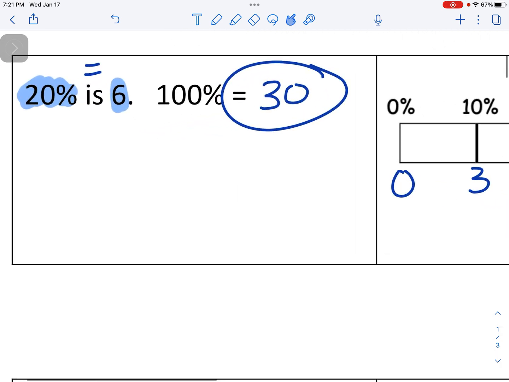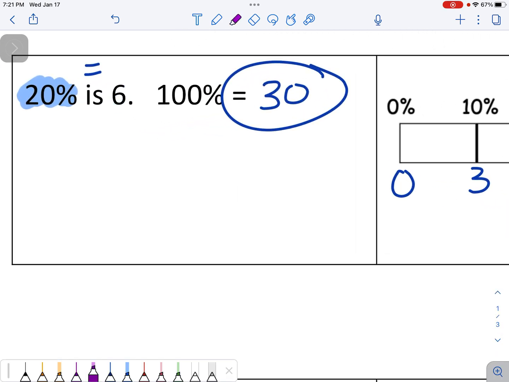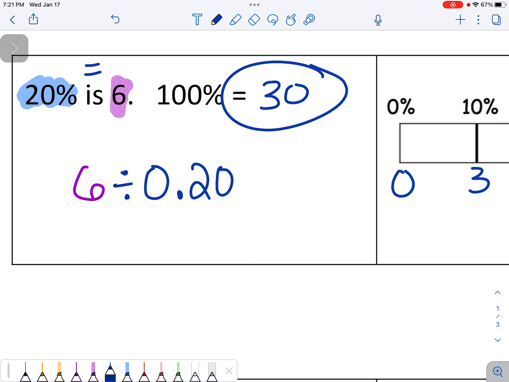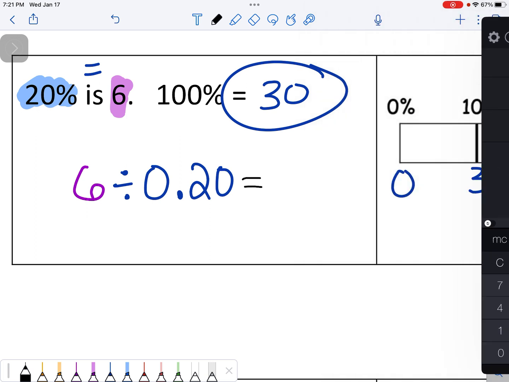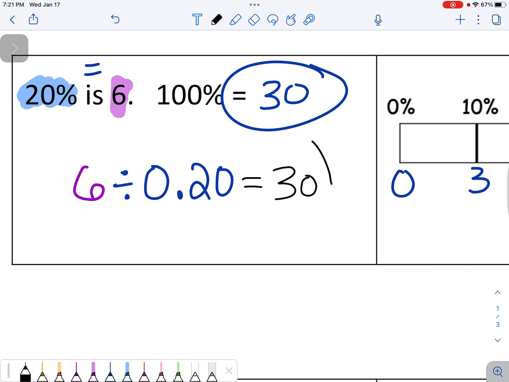We're going to take the value of 20%. That was 6. 6, and we're going to divide it by the decimal version of 20%. That equals, I'm not sure, 6 divided by 0 and 20 hundredths. Hey, look, it's 30. That's the same answer that we got above.